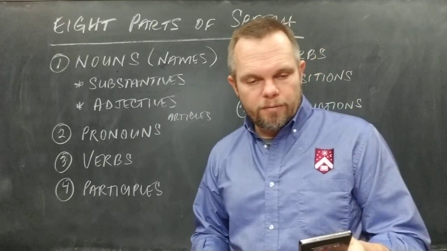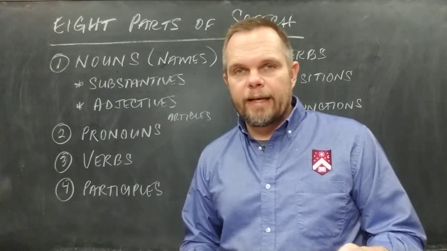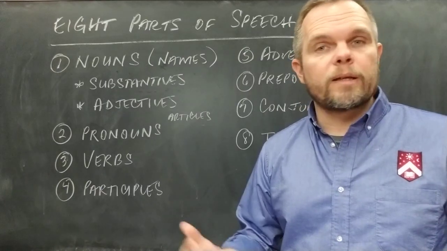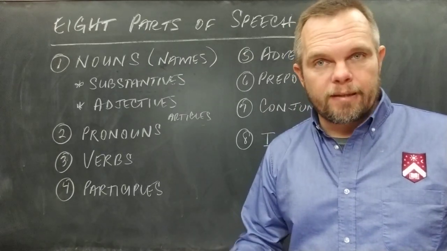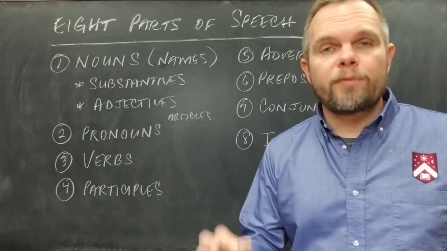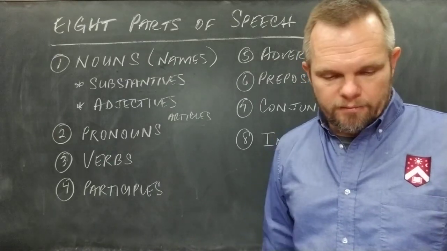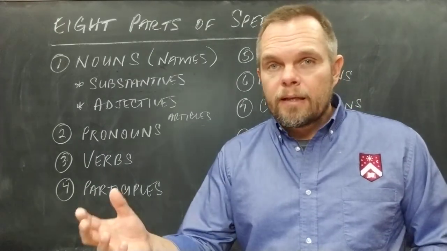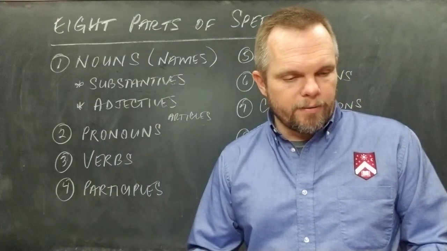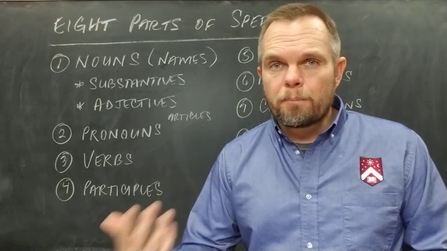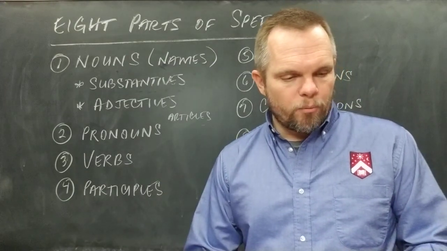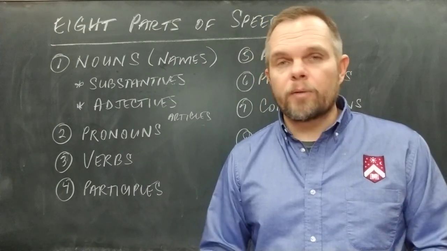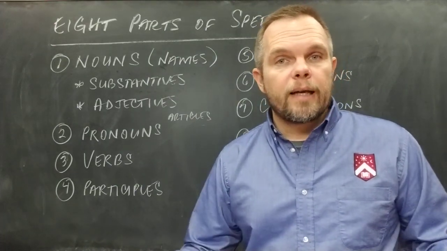Such words as can stand immediately before a substantive or next to. It's better to say next to because these don't have to stand before substantives. Such words as can stand immediately next to a substantive to denote some property that we perceive in objects is called a noun adjective or merely an adjective.